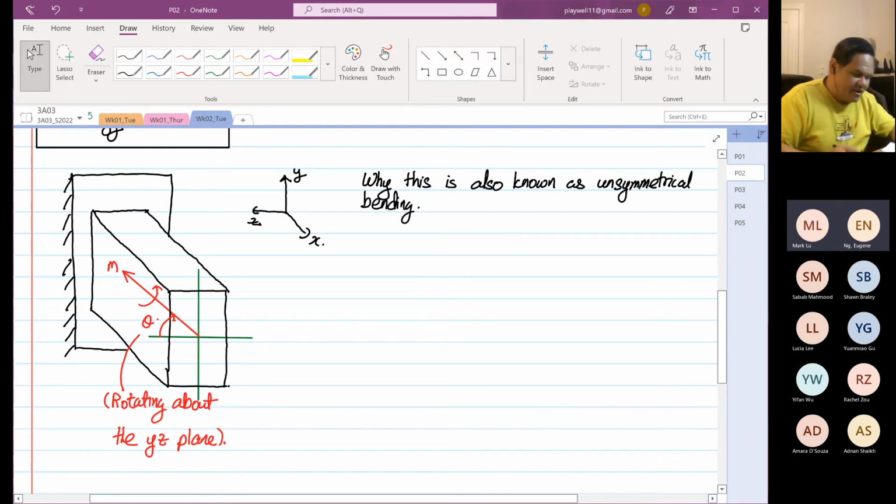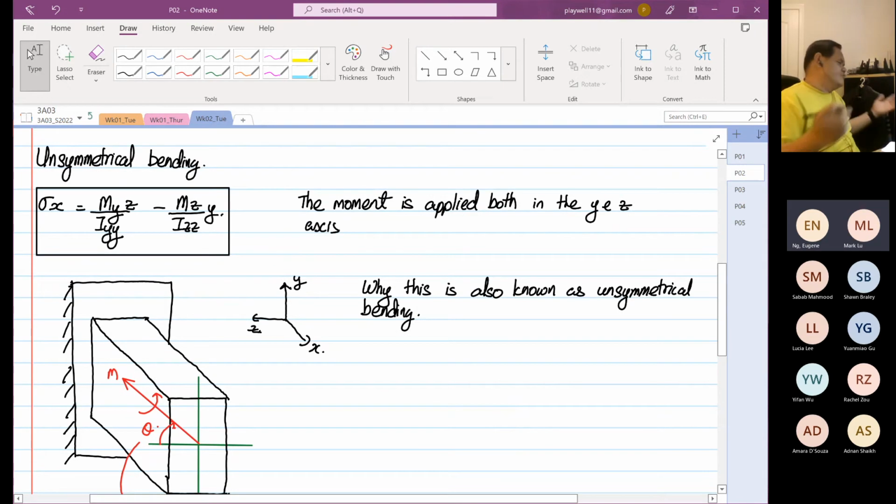I know, I understand, right? You will also know that, hey, Eugene, this is it because the formula is different. It's My over Iy minus Mz over Izz.